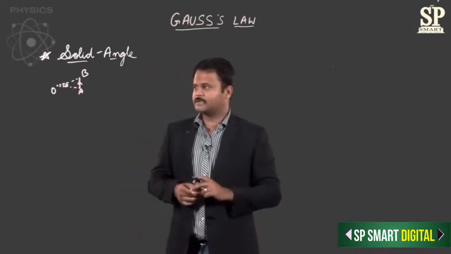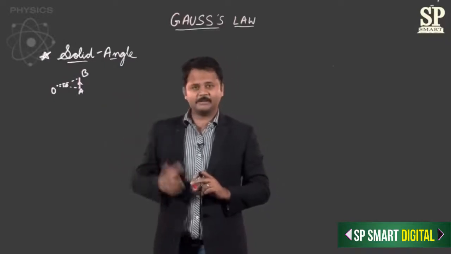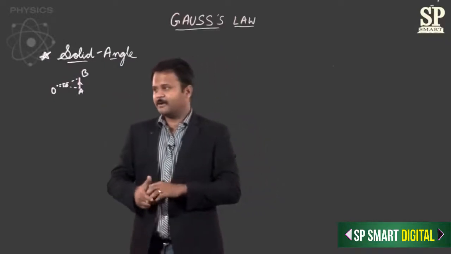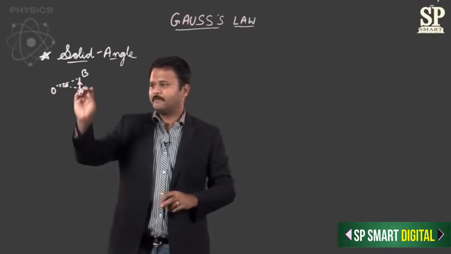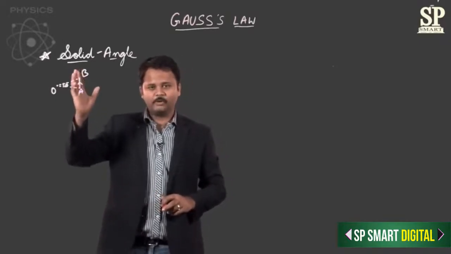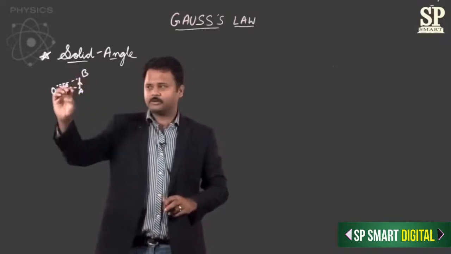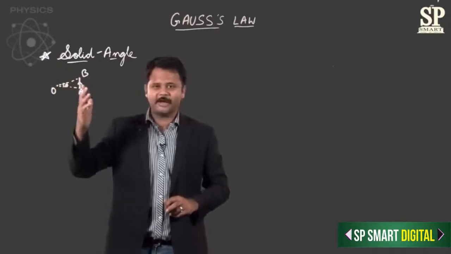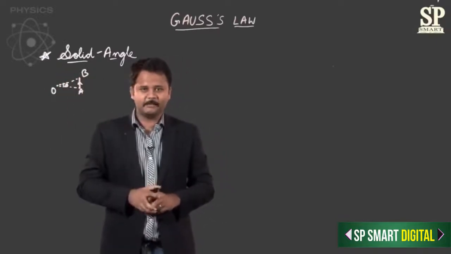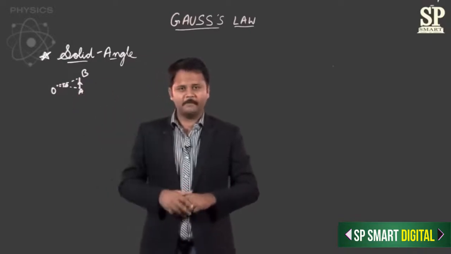Similarly, we can define a solid angle. What we are doing here is starting from one of the endpoints and going to the other endpoint, and in doing so, we see that if we join all the endpoints, it subtends an angle at some point O. This is called a plane angle.